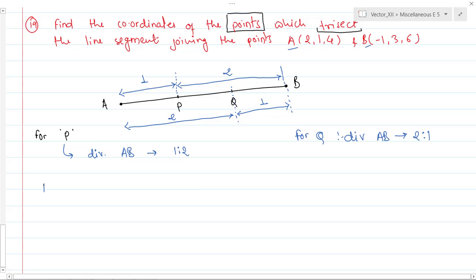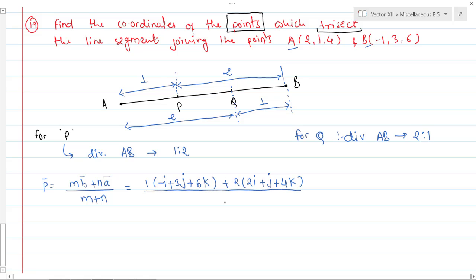So P bar is equal to (m B bar plus n A bar) upon (m plus n). Here m is 1, B bar is minus i plus 3j plus 6k, plus n is 2, into A bar, which is 2i plus j plus 4k, whole divided by 1 plus 2, which is 3.